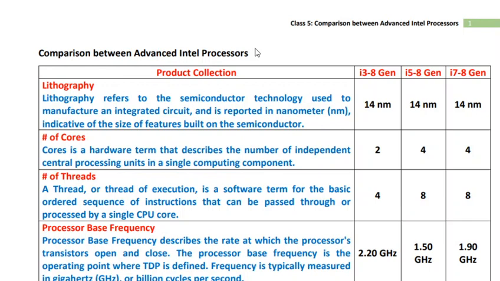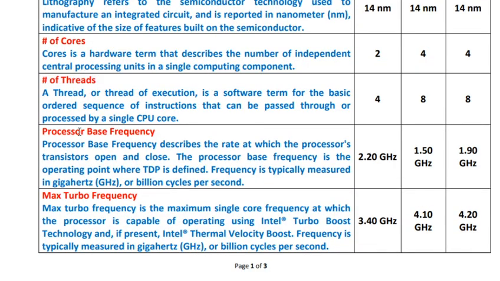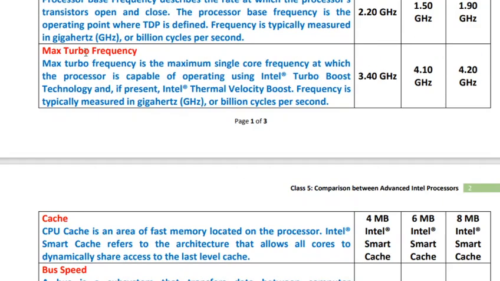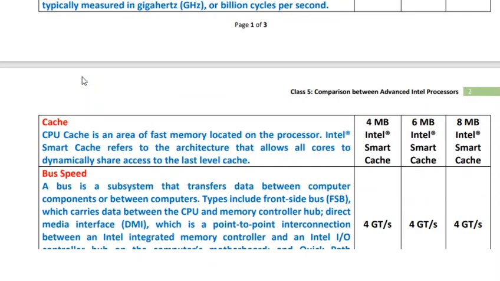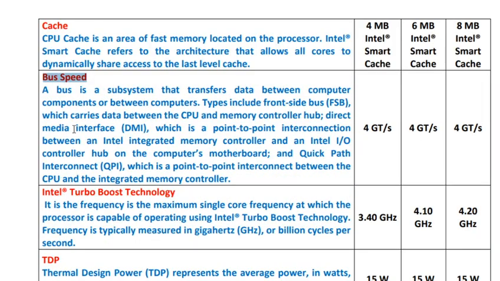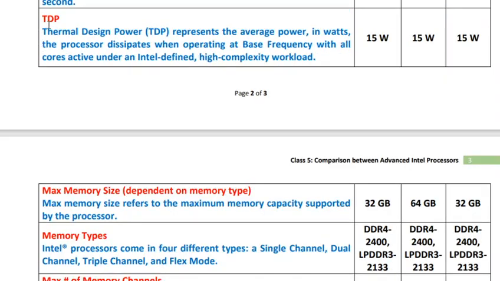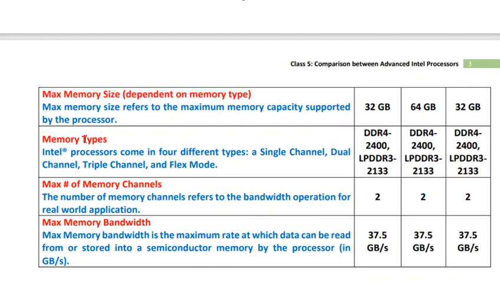The aspects include: first one is lithography, then we have number of cores, then number of threads per core, then processor's base frequency, then max turbo frequency, followed by cache, followed by bus speed, followed by Intel Turbo Boost technology, followed by thermal design power, followed by max memory size, followed by memory type.